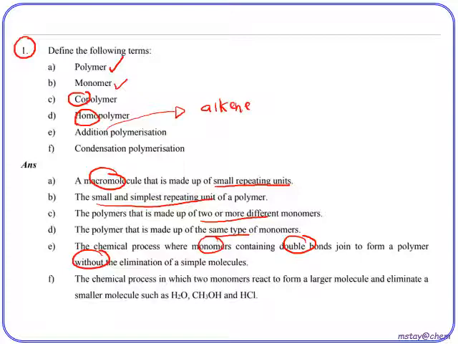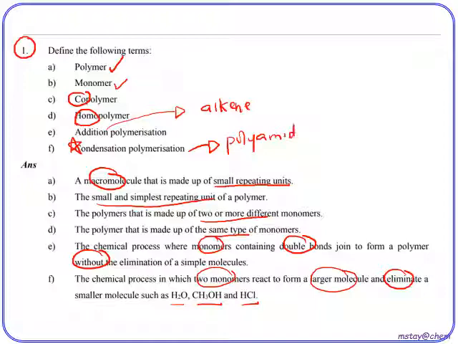However, condensation polymerization combines two monomers to form a larger molecule, and eliminates a small molecule such as water, methanol, and HCl. Two types of polymer can be produced under condensation polymerization: polyamide and polyester.